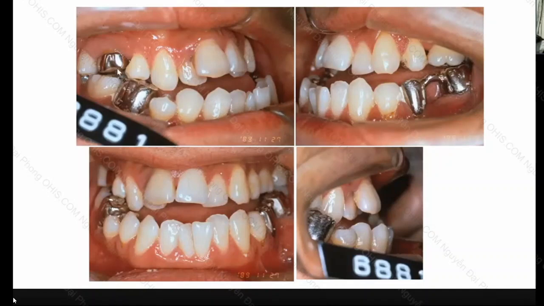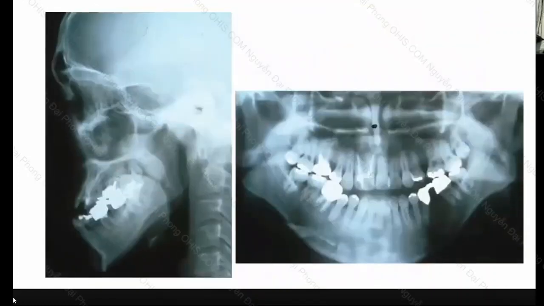Therefore, skeletal class 3 always comes with anterior open bite. This is a common symptom. See here, a very flat occlusal plane, too much vertical dimension and a high angle. That's why orthodontists sometimes call this kind of case long face syndrome.